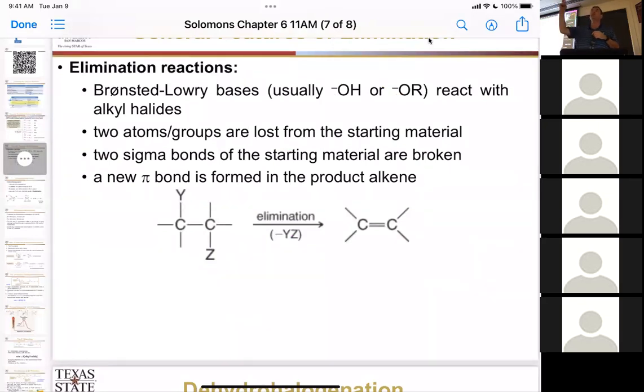So we're going from 2 sp3 hybridized carbons to 2 sp2 hybridized carbons, and we're gaining a pi bond, okay? So we're losing 2 sigma bonds and we're gaining 1 pi bond to do this, okay? Note the hybridization of the different carbons are changing and therefore its shape is changing, okay? So this is the general reaction here.